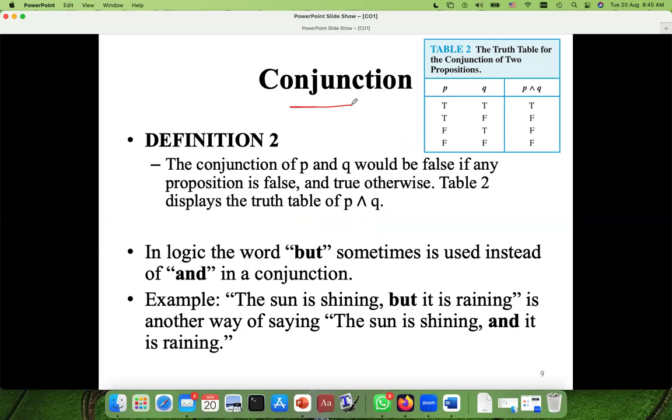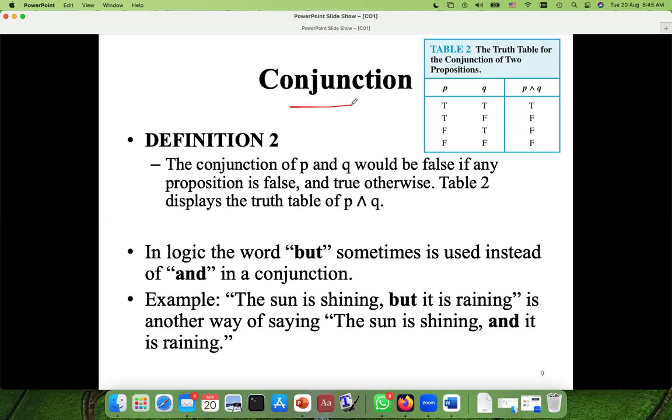Conjunction. Conjunction is the and operator that you have already studied in your early courses. Have you studied this already? Conjunction, and. Okay. For example, in Arabic, you can join two sentences or two nouns together by using the word wow.